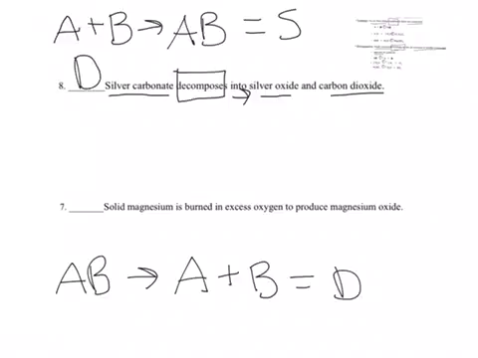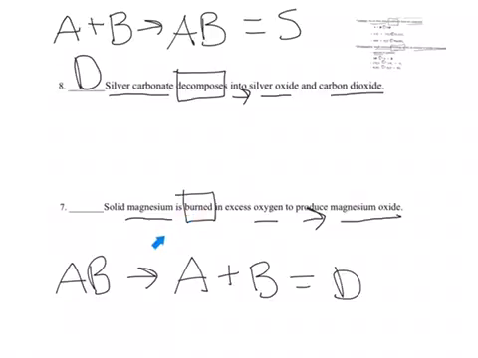So that is decomposition. The next one is solid magnesium is burned in excess oxygen to produce magnesium oxide. Well, yes, we see the word burn, so it is a combustion reaction, but we're going to focus on the part that it is synthesis as well.